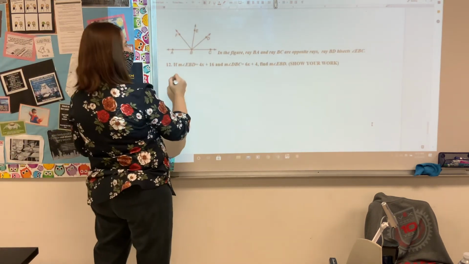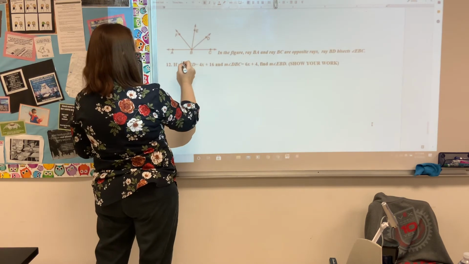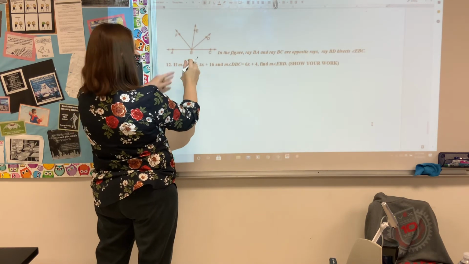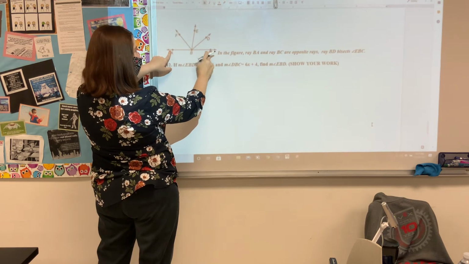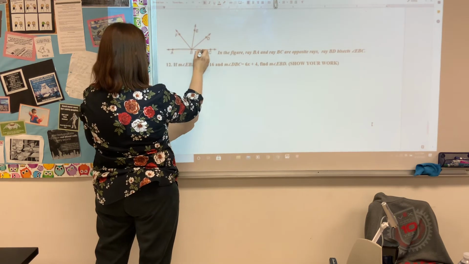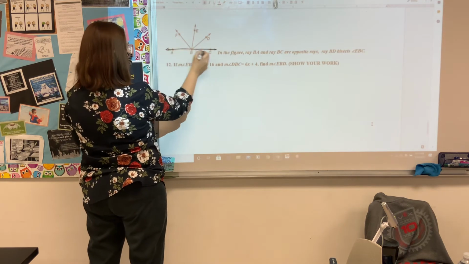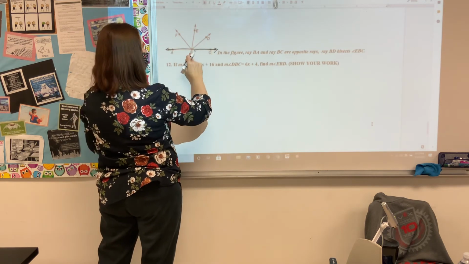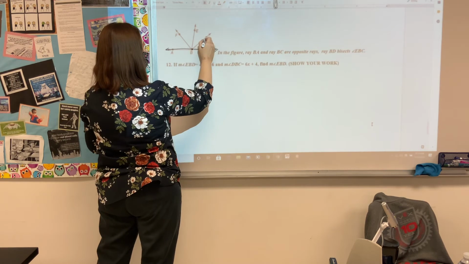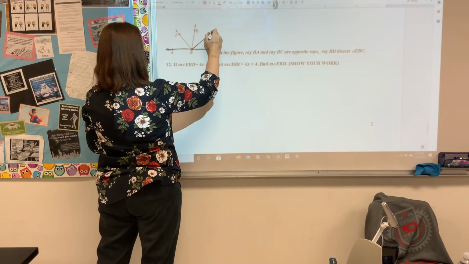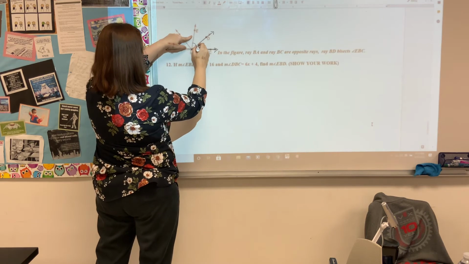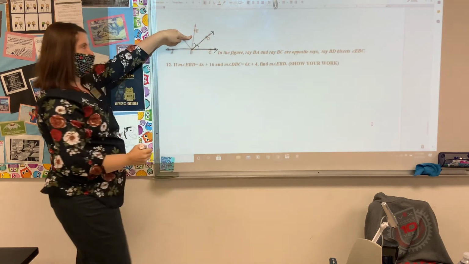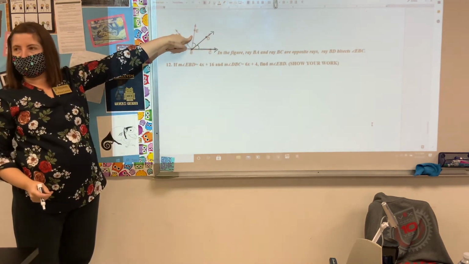Okay, so here it says that we have a ray, BA and BC are opposite. So this is one whole line, not a surprise, right? And it says that BD, here to here, bisects. So this one and this one are congruent.